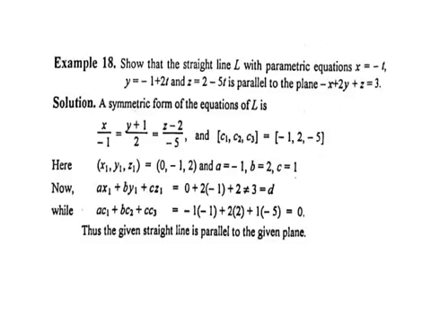As you can see, the general symmetric form of the equation of a line is given by x minus x naught over a equals y minus y naught over b equals z minus z naught over c.